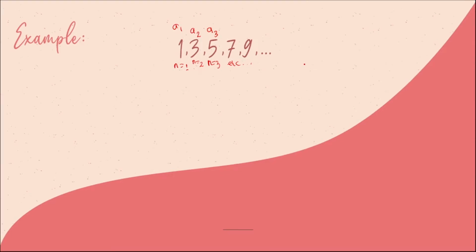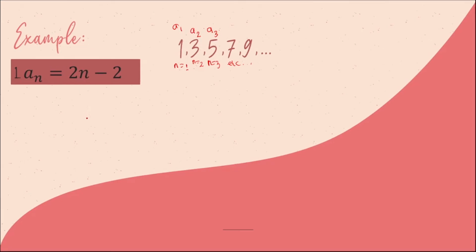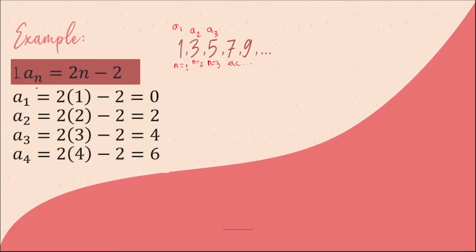Now, let's say we want to find a set of terms in a sequence, maybe the first 4 terms. We are given a rule or a formula in order for us to find those terms. So here we have a sub 1, that means n equals 1.